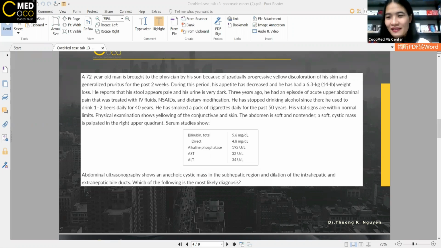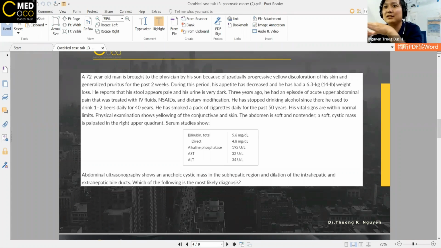Exactly. Why don't you think about a pancreatic head tumor? Because we have many properties of the gallbladder, like anechoic. It means that it is not solid. It is non-solid. Yeah, non-solid and soft.